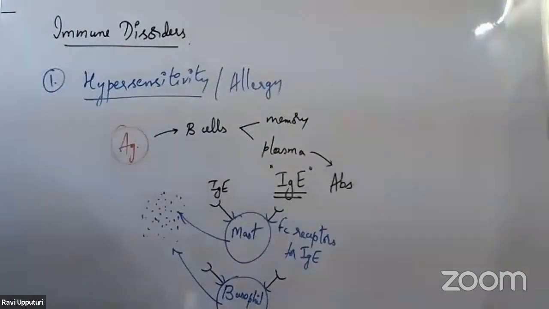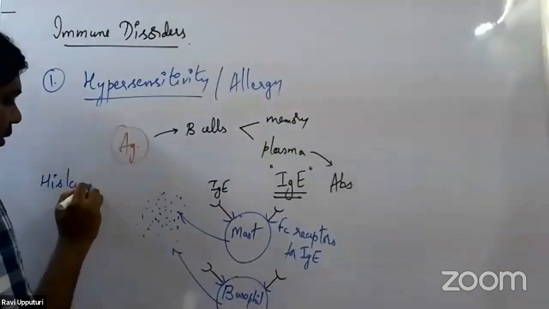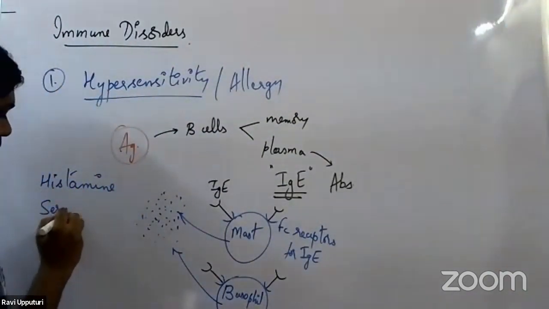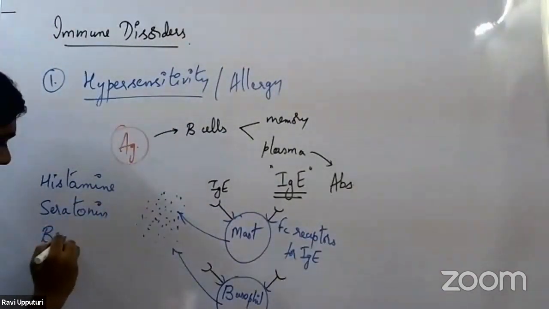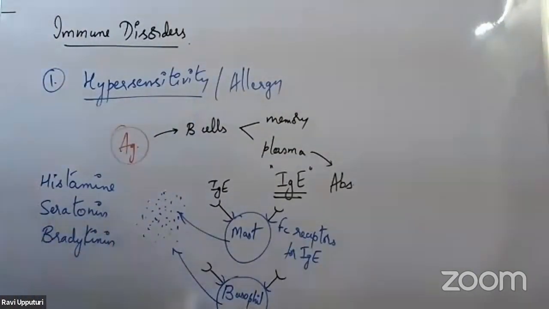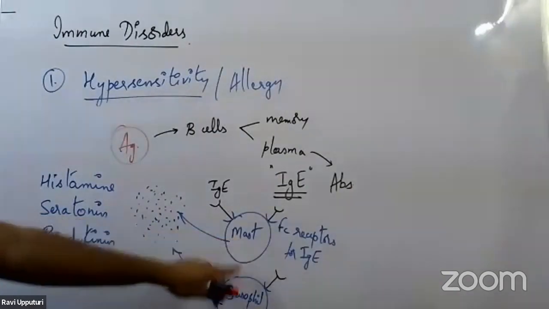We have already studied this last year. The basophils and mast cells release three major types of chemical substances. One is called histamine, second one is called serotonin, and the third one is called bradykinin. These are the chemical substances which are released by the basophils and mast cells.